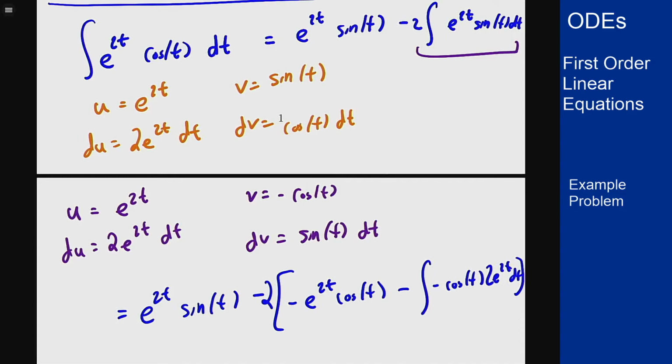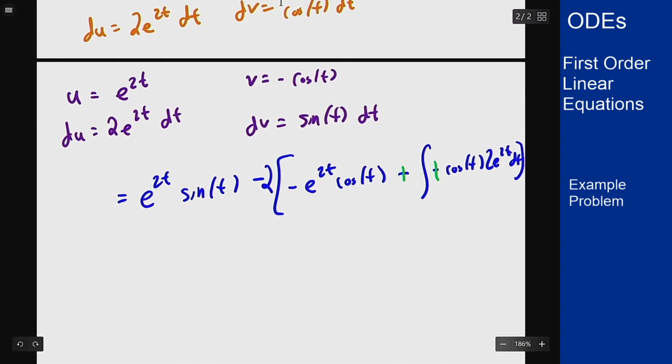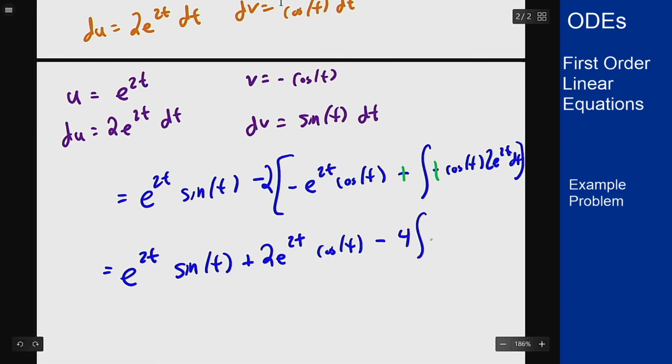So now I can move some signs around and simplify some things. These two will cancel, and I will get as an expression here e to the 2t sine of t plus 2e to the 2t cosine of t, because that minus sign will cancel with the one outside, and then minus 4 integral of e to the 2t cosine of t dt.